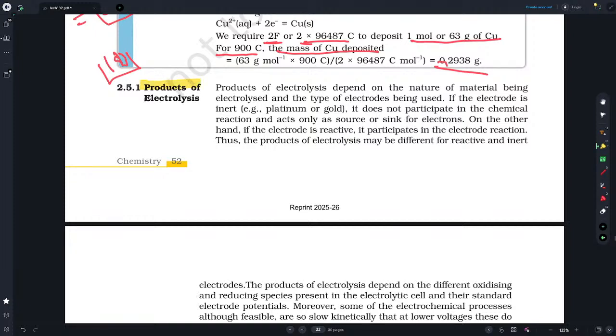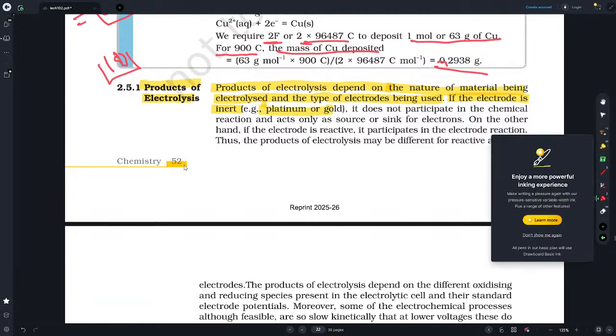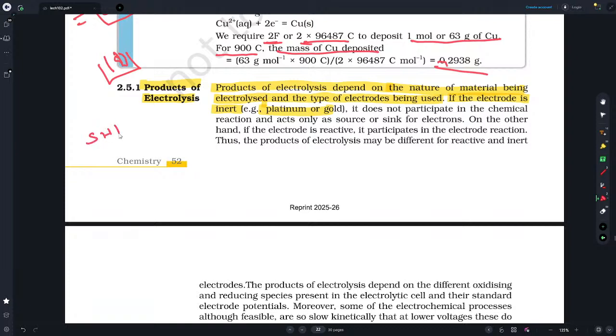Products of electrolysis. Products of electrolysis depend on the nature of material being electrolyzed and the type of electrolytes being used. If the electrode is inert, like the standard hydrogen electrode, SHE, where we took a platinized electrode as a surface, or a standard electrode as an inert electrode.